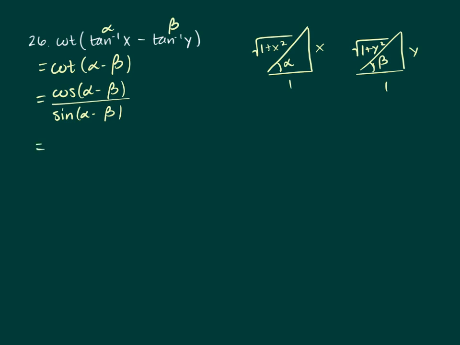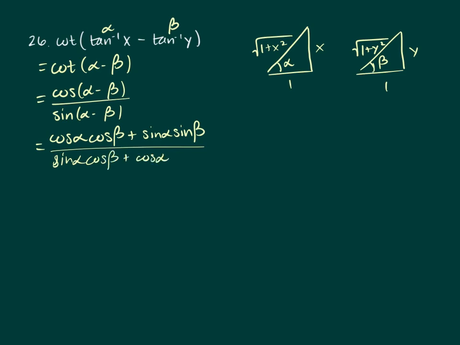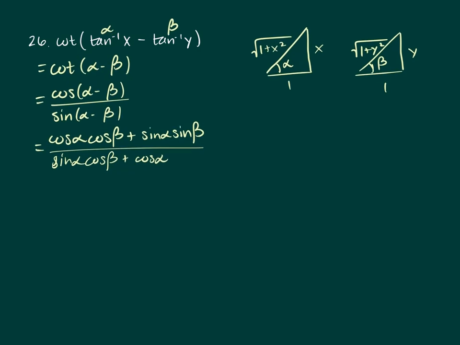So this will be cosine of alpha, cosine of beta, plus sine of alpha, sine of beta, over sine of alpha cosine of beta plus cosine alpha, sorry, not plus, minus sine of beta.